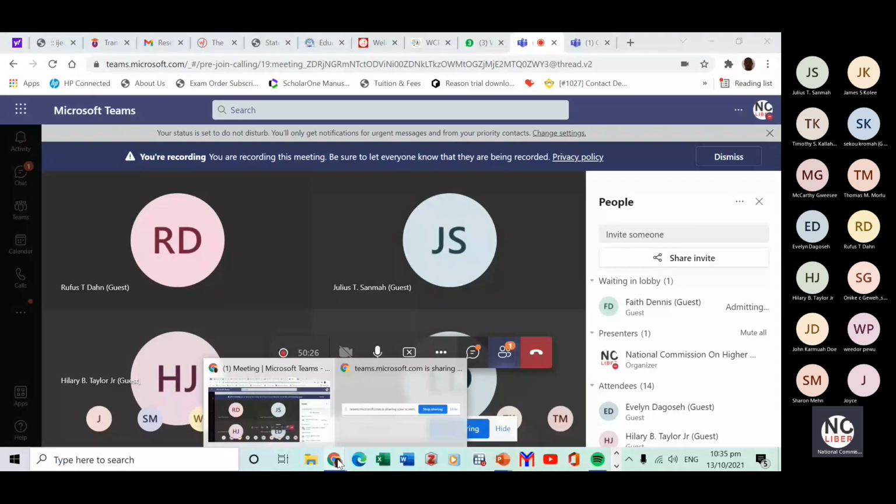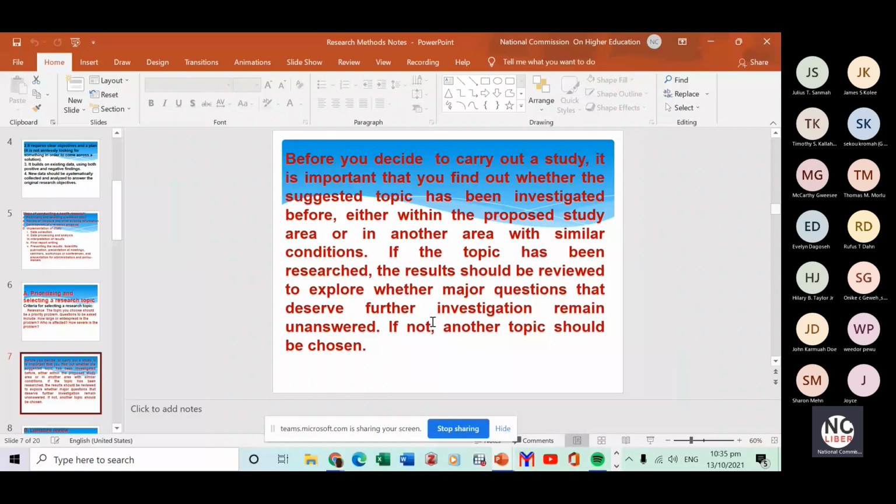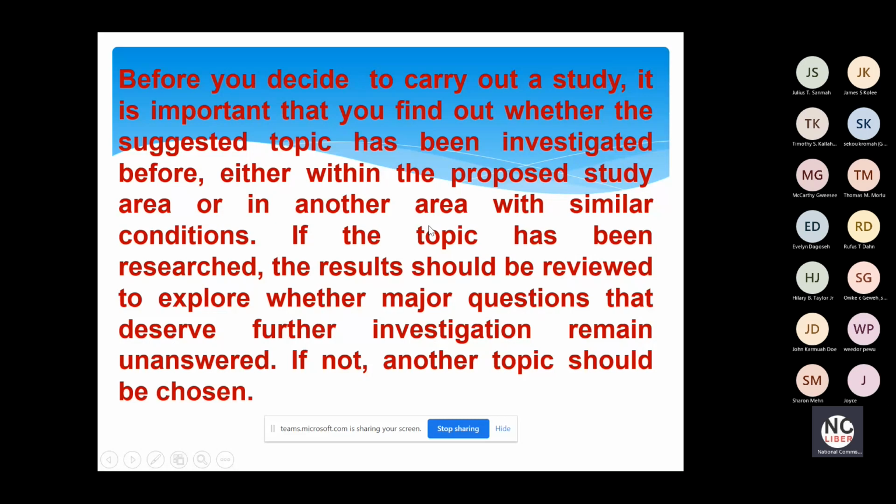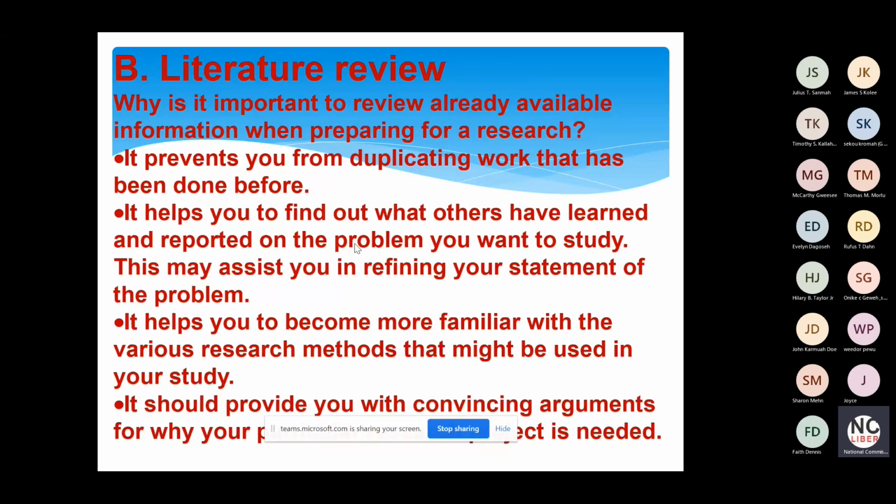All right. So, when you do this particular due diligence, we say you do a literature review. Why do you want to do literature review? It will help you to not duplicate work that has already been done.